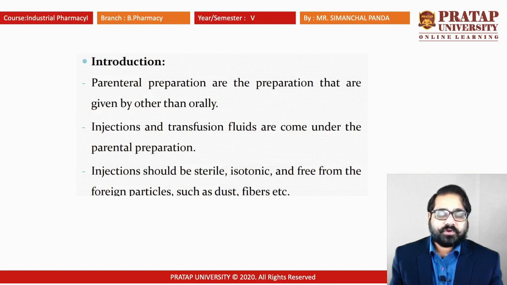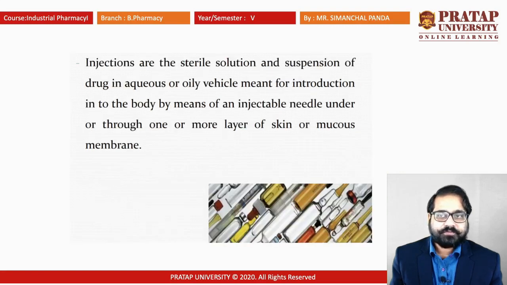So the RBC may be destroyed. In order to avoid that, we can go for neither hypertonic nor hypotonic. So we have to make an equal osmotic pressure, that is equivalent to 0.9% sodium chloride weight by volume in water, known as the isotonic solution, and they must be free from different foreign particles.